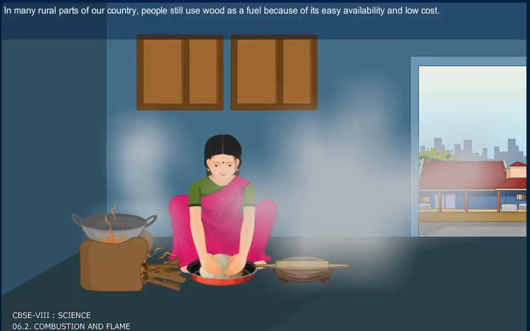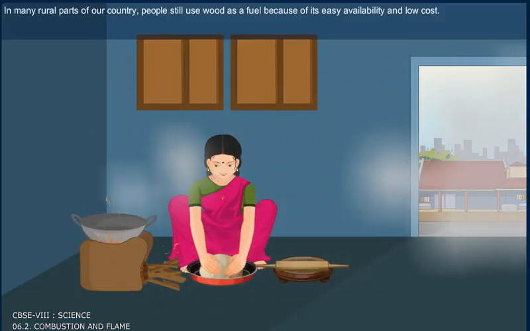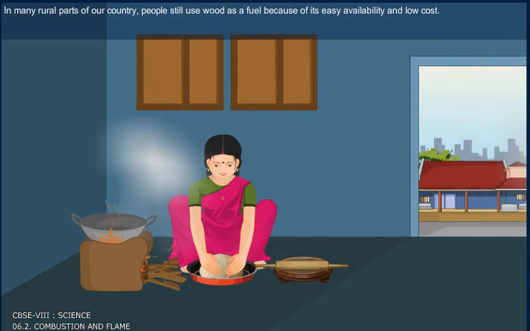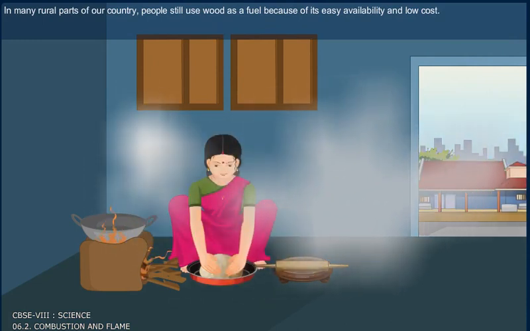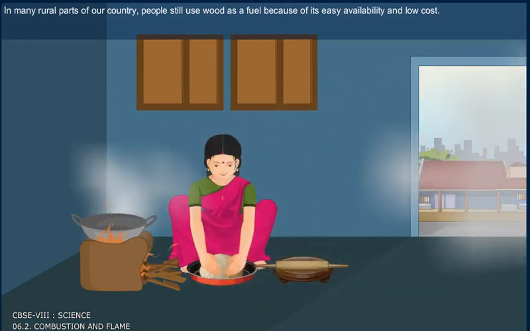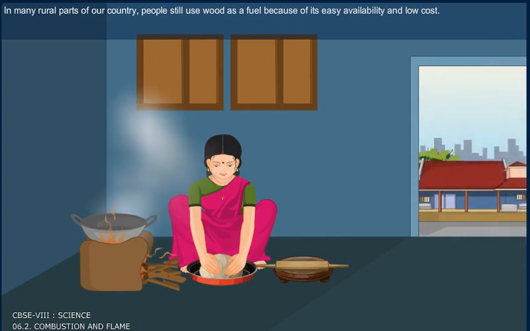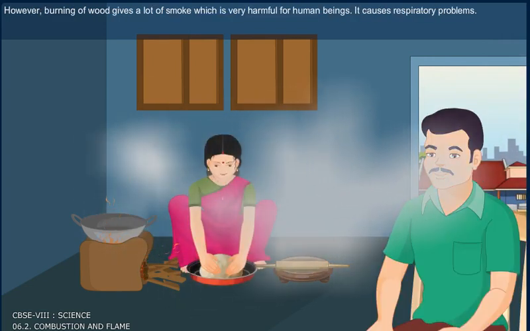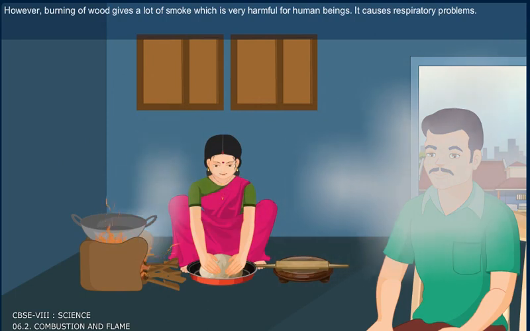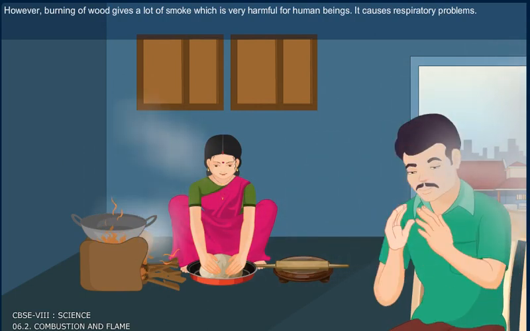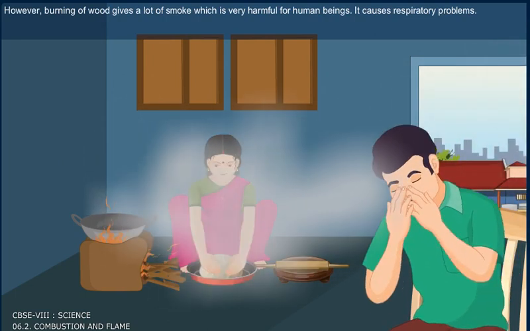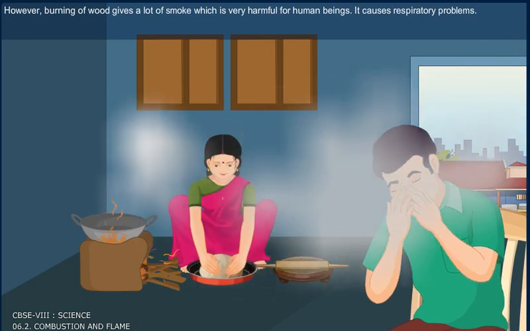In many rural parts of our country, people still use wood as a fuel because of its easy availability and low cost. However, burning of wood gives a lot of smoke, which is very harmful for human beings. It causes respiratory problems.